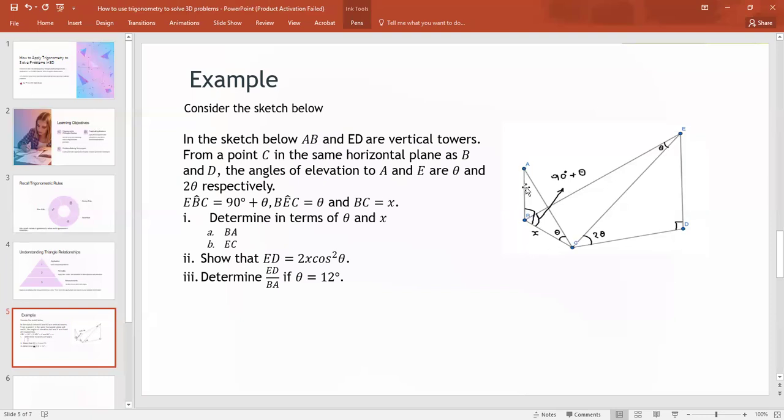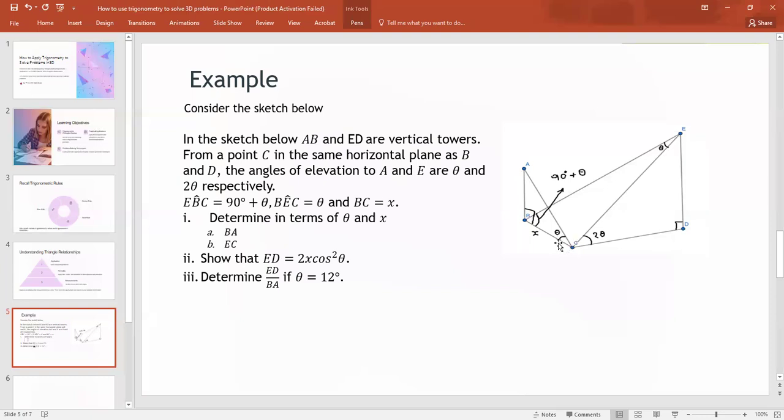Because in triangle ABC, we have our right angle triangle, we have the angle theta, and we have the side x given here. So we want to find a ratio which combines the angle, the side AB and the side BC, because we have BC, which is known as x, and we have the angle theta.